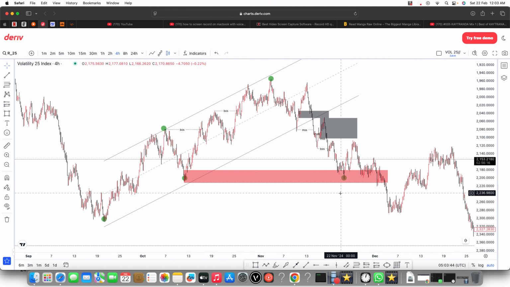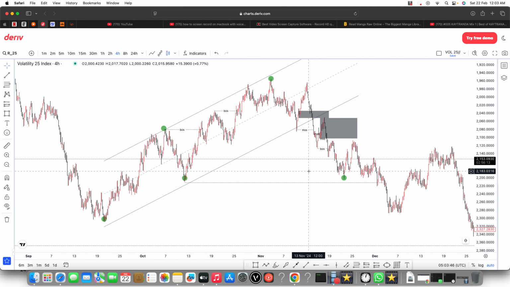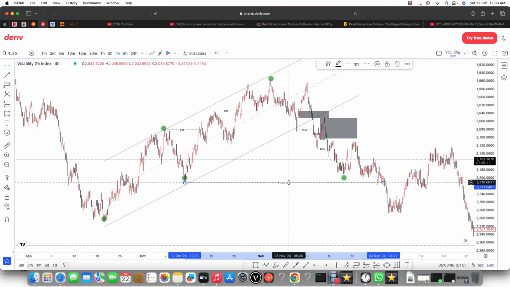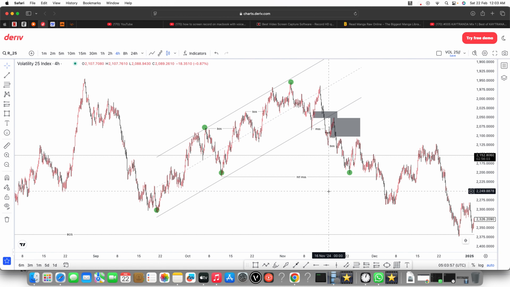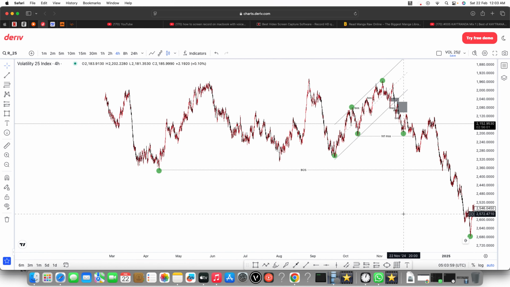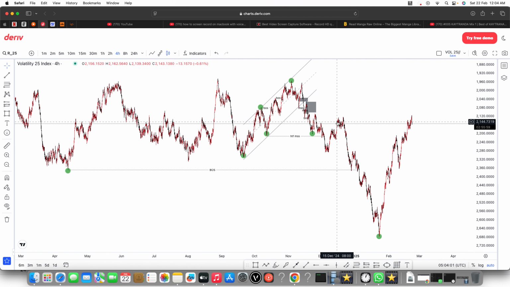All right. Remove this box. So this would have been our higher time frame market structure shift. And this shift now would provide us with the external movement from this point all the way to this point.